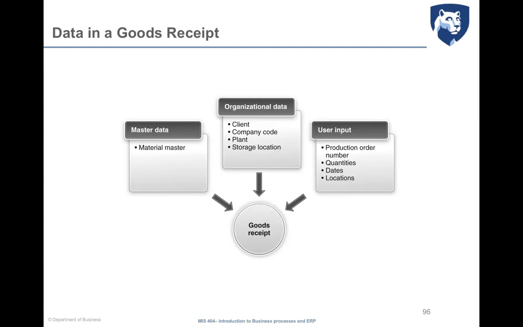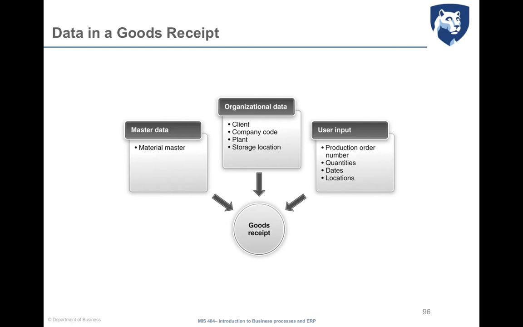Here you can see the type of data that are associated with the goods receipt steps. In particular, the production order number, the quantity received, the date, and the location, so plant and storage location, are provided by the user based on the completed work.